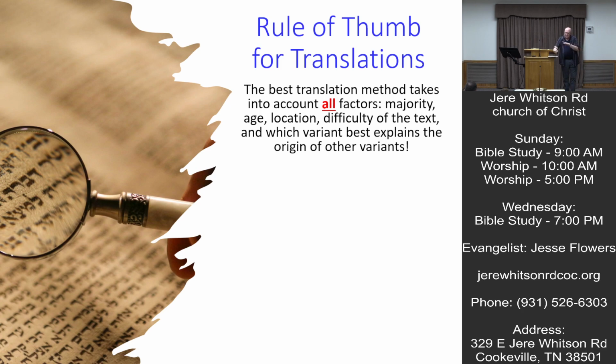And the scribes, if they were going to change something themselves, tended to make it easier. A good scribe is trying to make the reading understandable, so he tries to make it easier. The really good scribe, though, is the one that just copies what's there already.